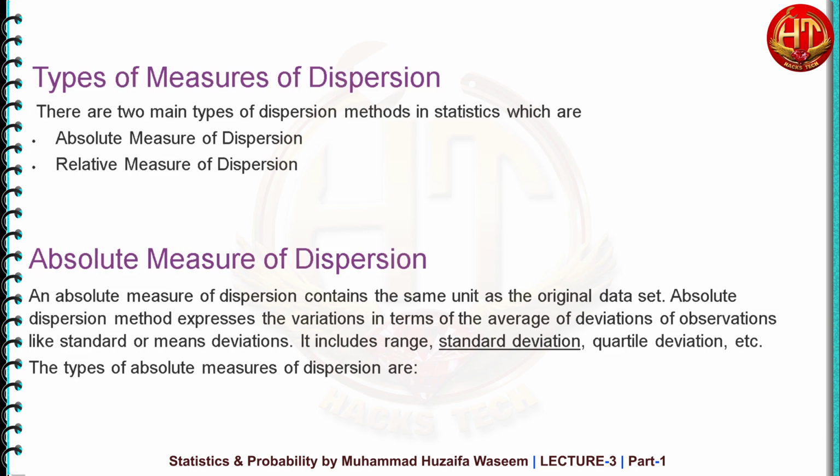Absolute dispersion methods express the variations in terms of the average of deviation of observations, like standard or mean deviation. It includes range, standard deviation, quartile deviation and so on. Actually, absolute measures are described by a number or value to represent the amount of variation or differences among values in the data set.